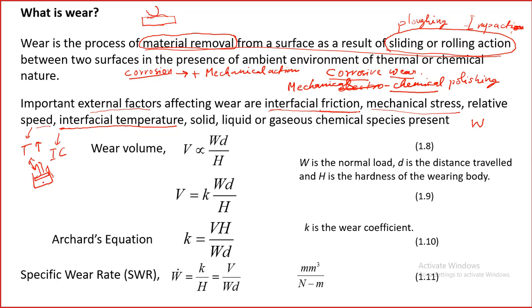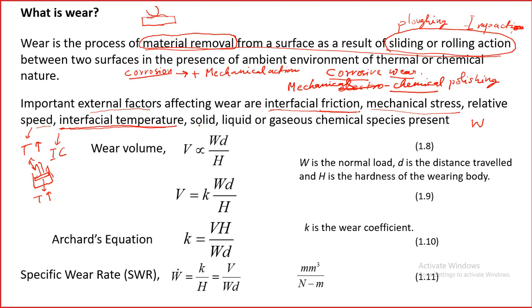But what is also happening is that temperature is very high because combustion is taking place. Because of combustion, very high temperature is created, and therefore the temperature at this cylinder wall is very high. So this is a case where interfacial frictional heating plus the external heat will lead to very high interfacial temperature.